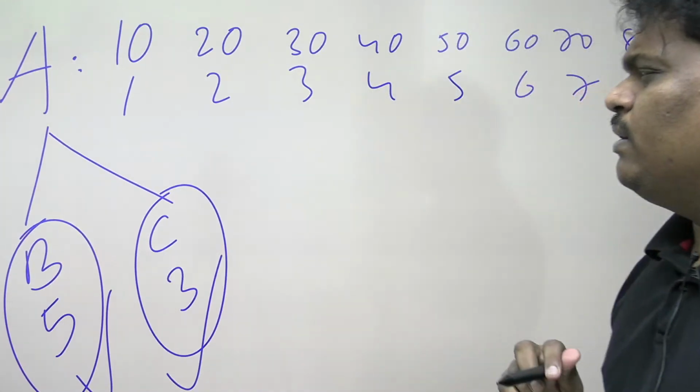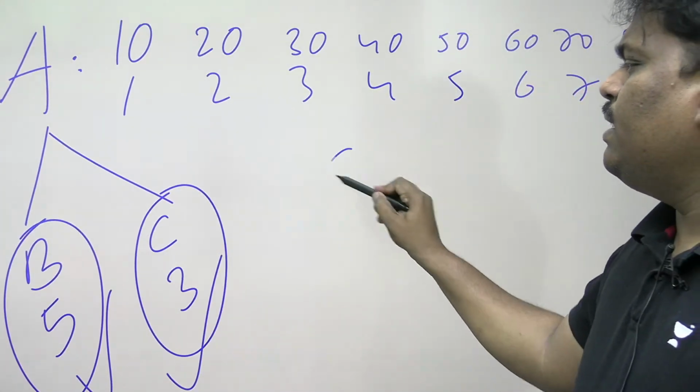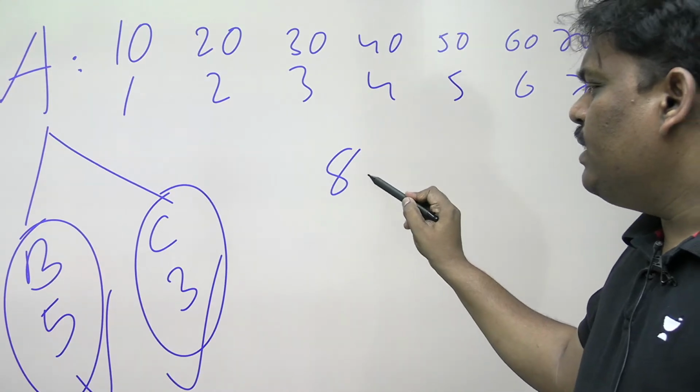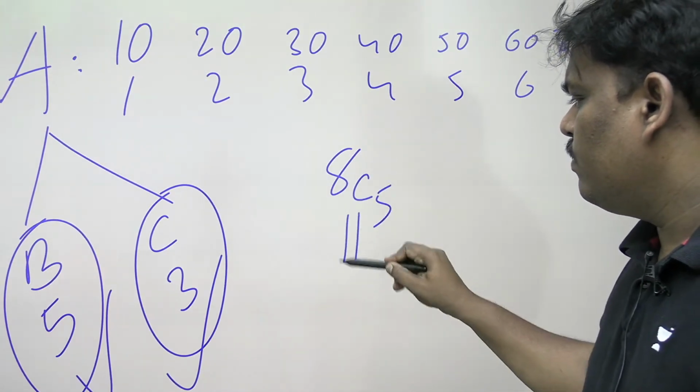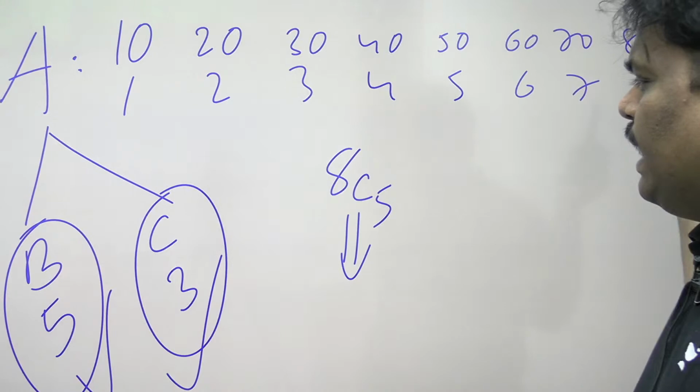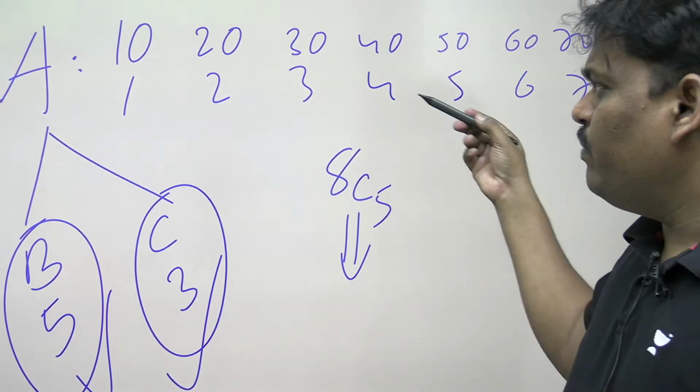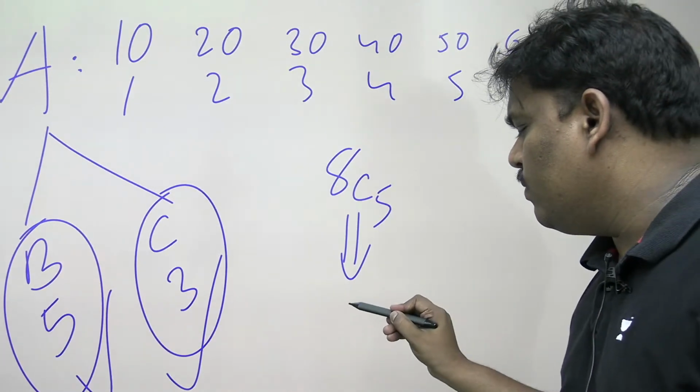Remember everyone, if A contains 8 elements, then selecting 5 out of 8 is 8C5.